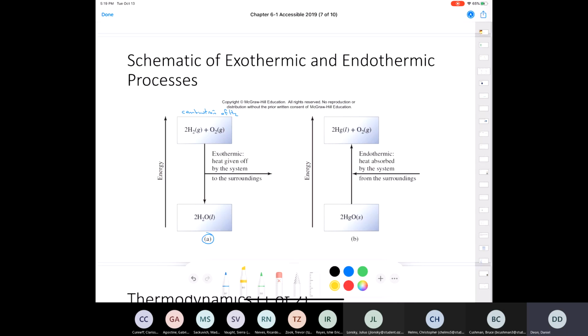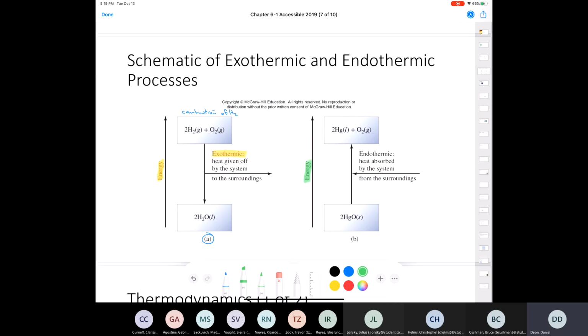Well, as we discussed, this is an exothermic reaction. It gives off energy to the surroundings, to the universe. So what does that tell us? It tells us that the energy of the products is lower than the energy of the reactants, or the starting materials. Now, where does that energy go? It goes into the surroundings.